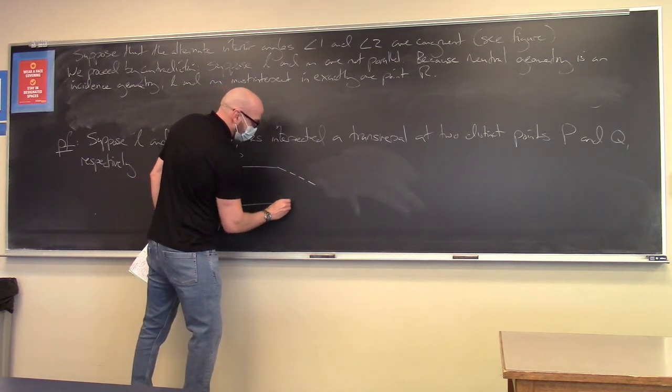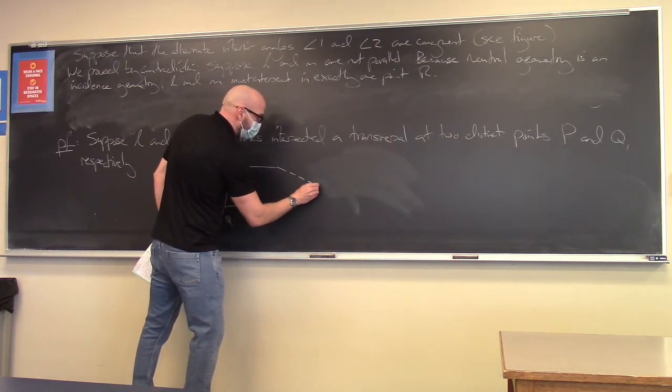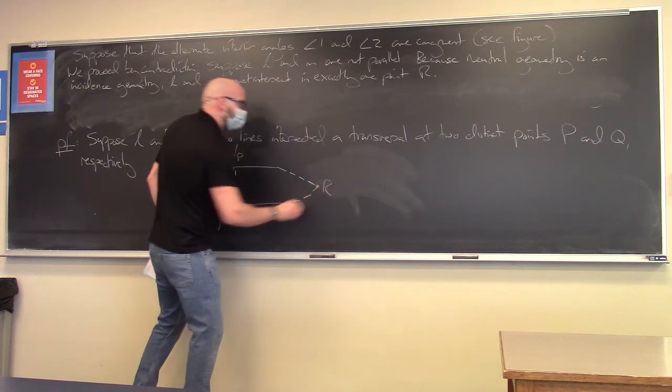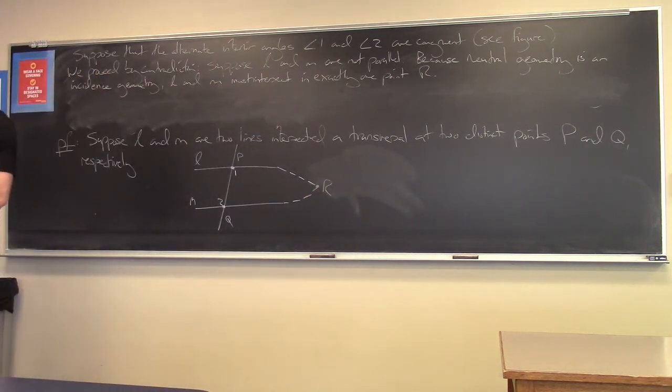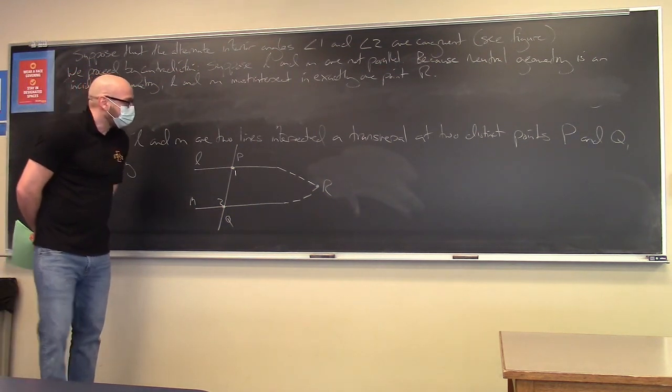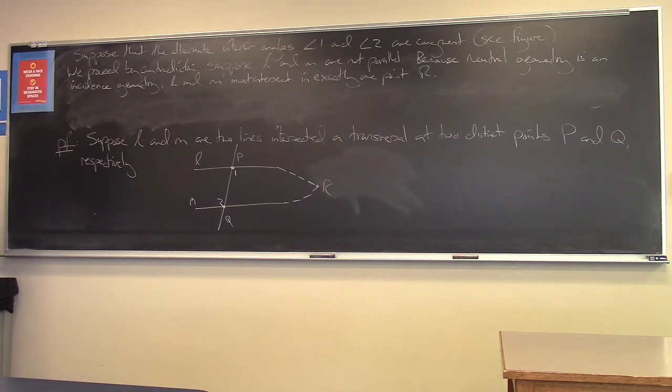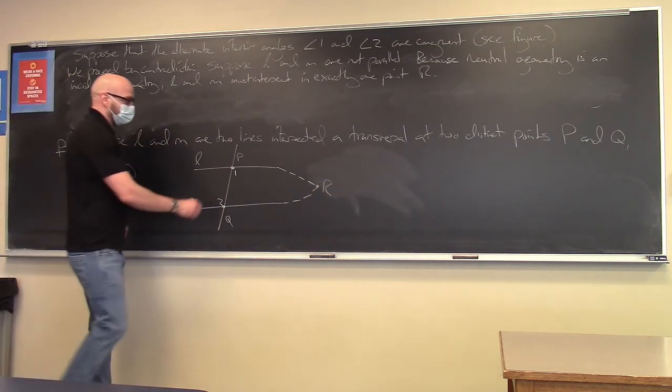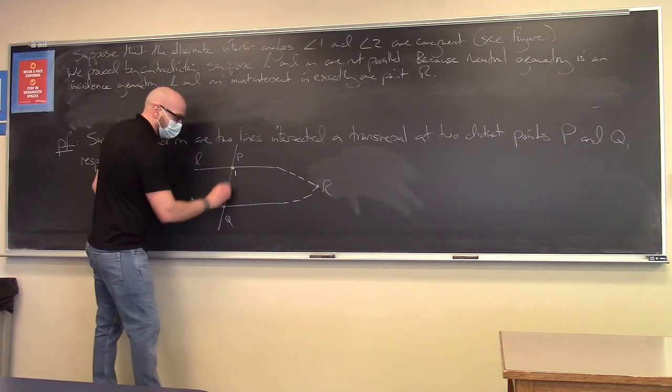So maybe they extend on and they eventually meet at a point R. Now this would be a really common trick in a lot of proofs that you write. So there's an immediate contradiction here. What if I constructed, if they meet in one point R, I have a triangle here, right?